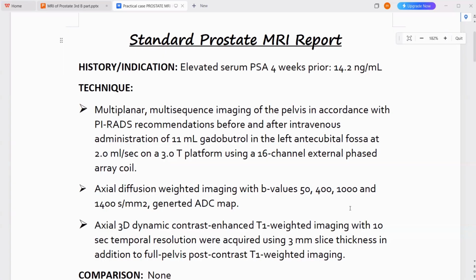Our report includes the history and indication, for example, elevated serum prostatic specific antigen, and this is the value. Also, we should enumerate our technique. These are the main sequences that we used in our exam.